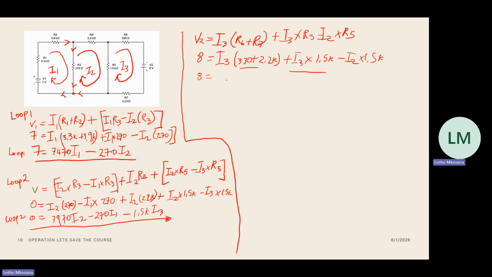We're going to have 3.33K, minus 1.5K I2. And this is our loop 3 equation.